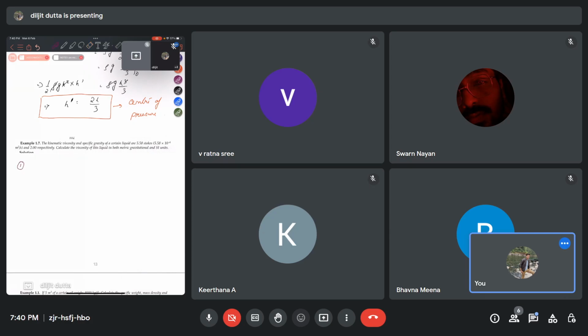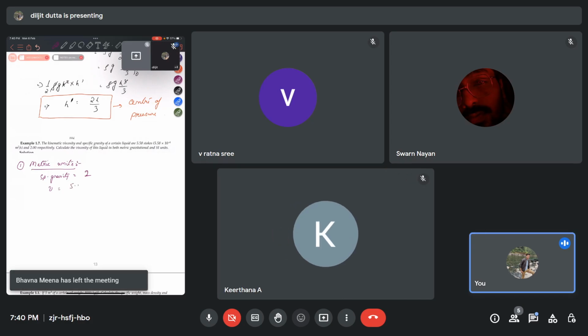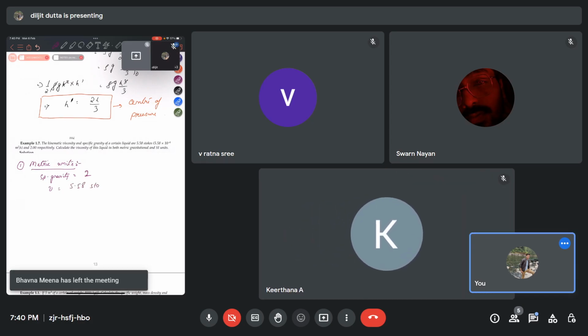First is metric units. Here it is given that specific gravity is equal to 2, and you should remember there are no units for specific gravity, and kinematic viscosity nu is equal to 5.58 Stokes, which is equal to centimeter square per second.